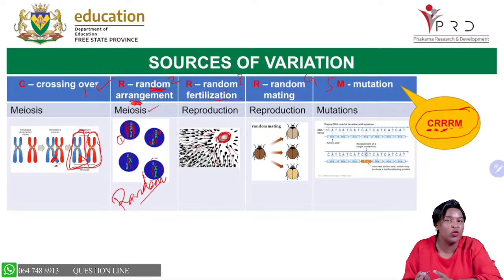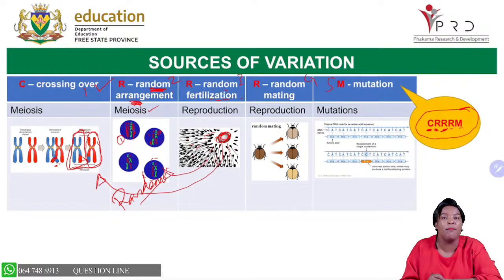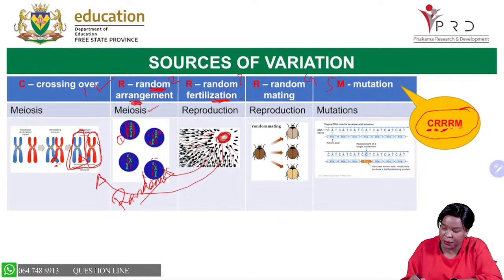We don't know which one is going to be the fastest, and we also don't know which genetic material it is carrying, because during meiosis it was genetically different. So all of these sperm cells are genetically different. Therefore, random fertilization will bring about variation. That is your third source of variation.